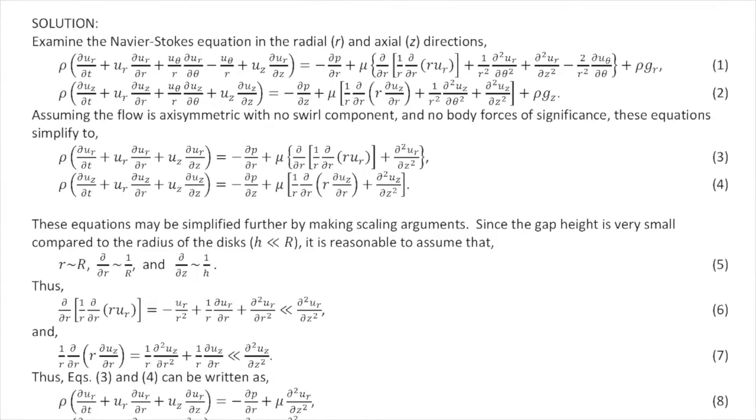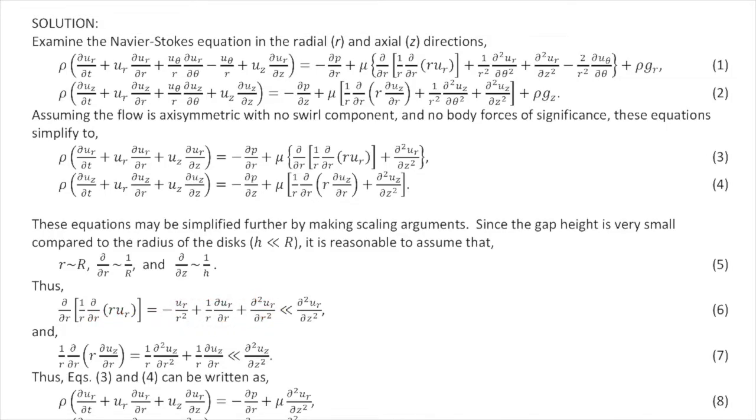So then when we look at the viscous term, let's say this viscous term up here in equation 3, this is the viscous term in the r component of the Navier-Stokes equation, just one of the viscous terms. If I expand that viscous term, taking the derivatives and expanding it out, it'll look like this.